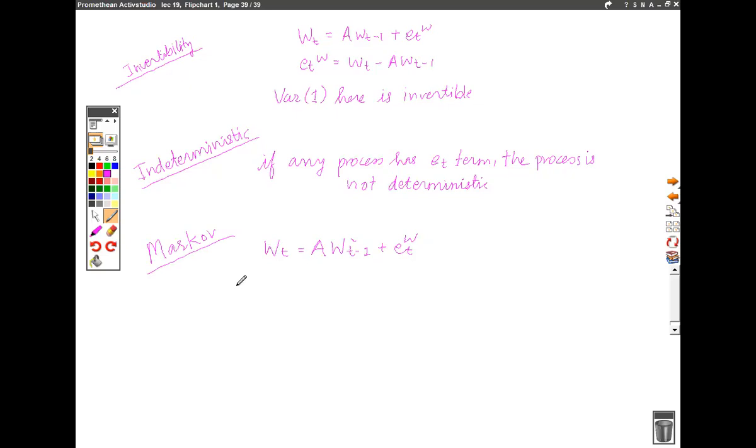I do not need to know any of the previous values to know what the value will be for WT, right? So my VAR1 is a Markov process.